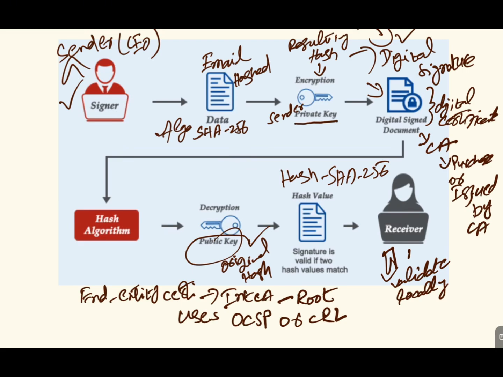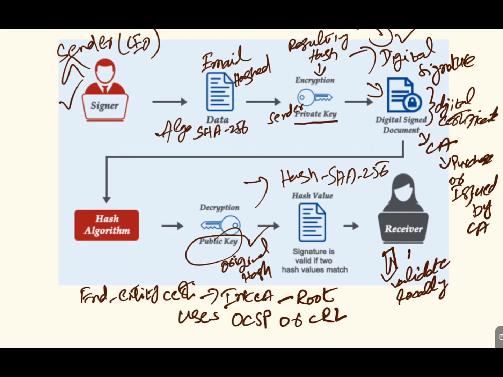So it recalculates the hash of the received email content using the hash algorithm specified in the digital signature metadata. As we said, this is SHA-256. If they match, the message is authentic and unchanged. That makes sure of authenticity as well as integrity.